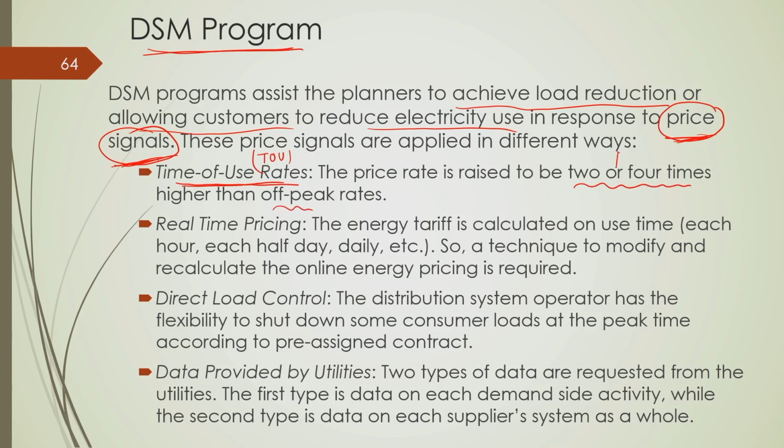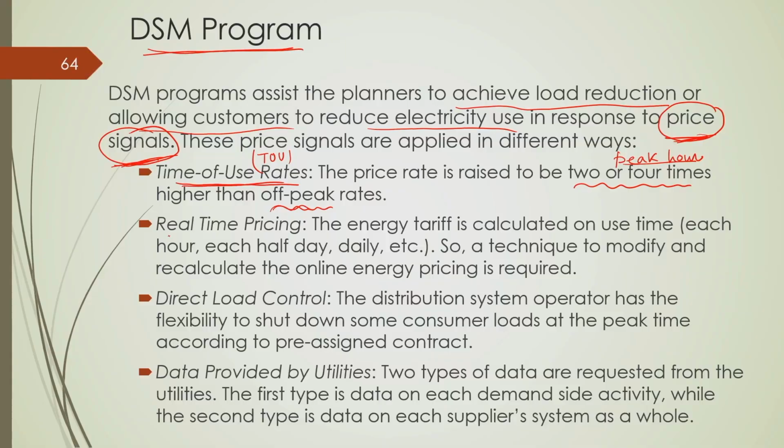So, this will be the peak hour pricing, or peak demand pricing, which can be much higher than off peak hour. Then automatically the customer will start diverting some of their load from the peak hour to the off peak hour. Okay. Real time pricing is another approach.